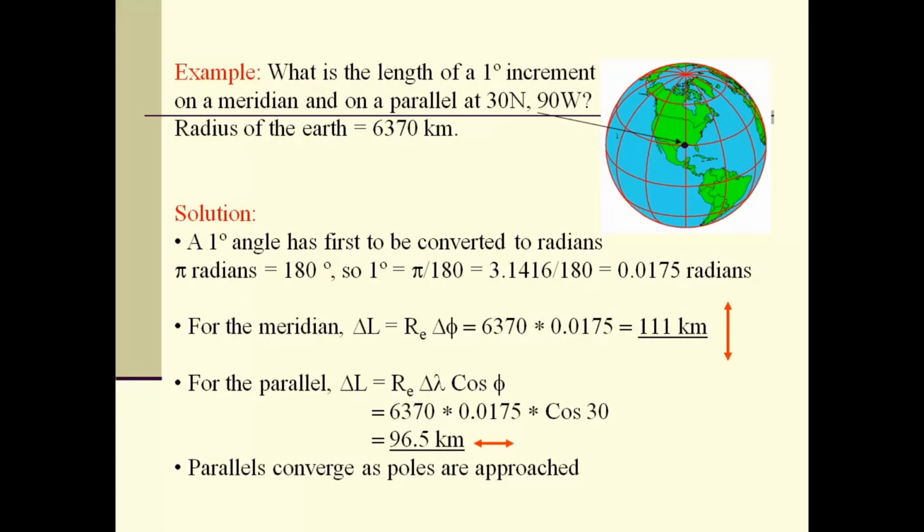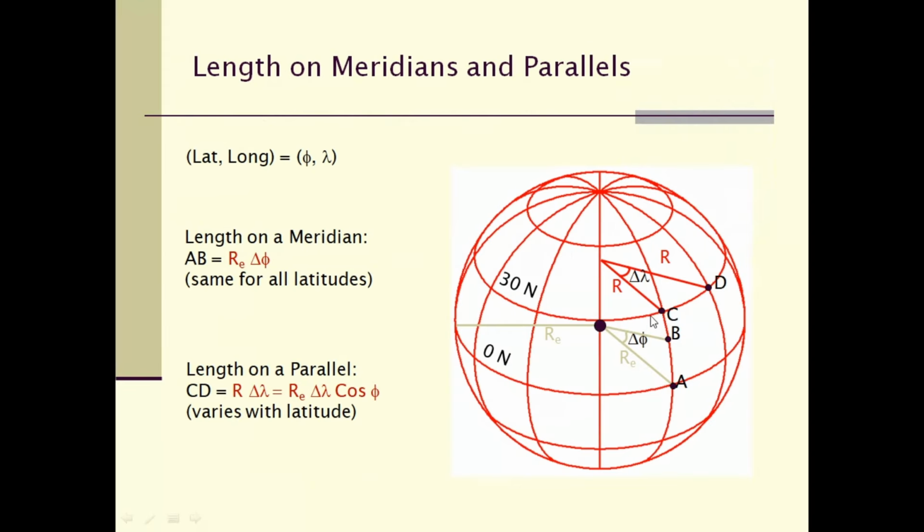I think everybody knows this mathematics. In a GCS system, if we go along this A to B, the length is the radius of the earth times the latitude angle difference from A to B.